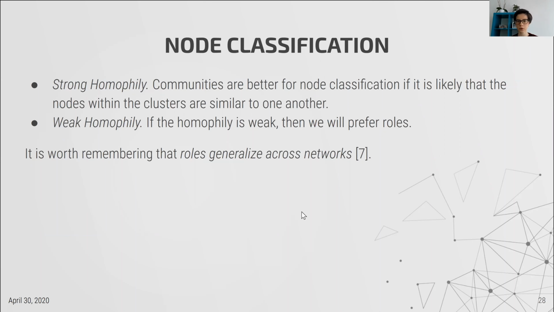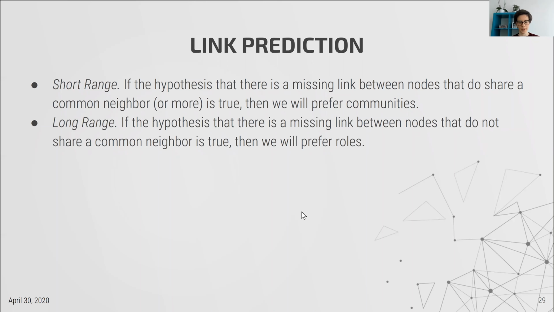And as a rule of thumb, if you would like to find links that are short range, which means links that most probably are inside the same community in the sense that they connect nodes that already share some neighbors, it's far better to go for communities. Whereas in the other case, if you want to connect nodes that are far away in the graph, or even in parts of it that are not directly connected, it's better to use role discovery.